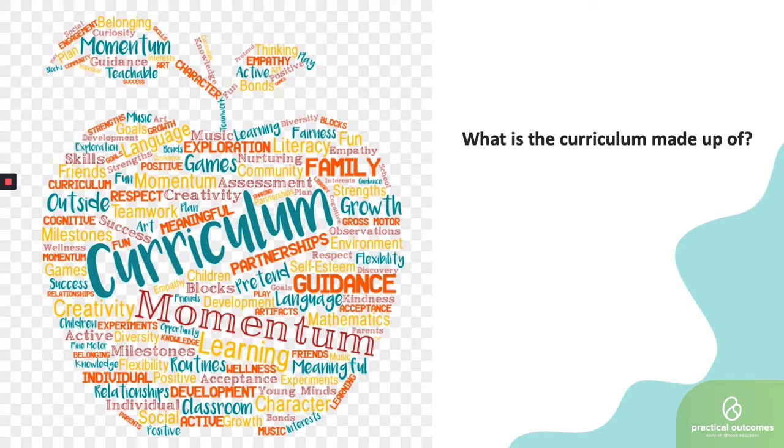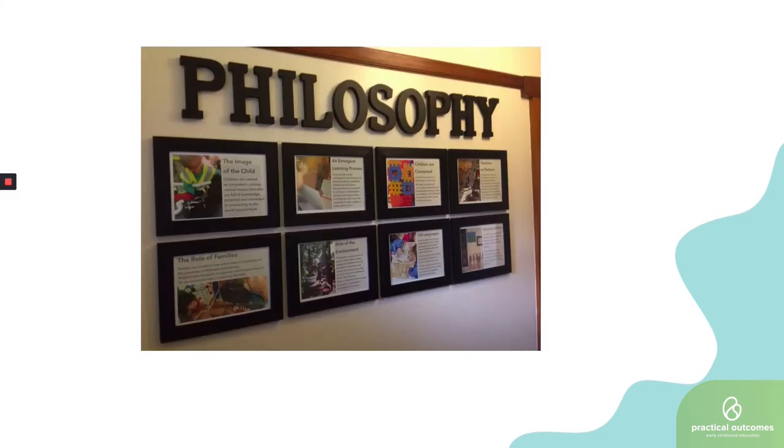However, what you need to also know is that curriculum decisions are driven by the service philosophy. The Education and Care Services National Regulations, Regulation 55, and National Quality Standards Element 7.2.1 requires every approved service to have in place a service philosophy.